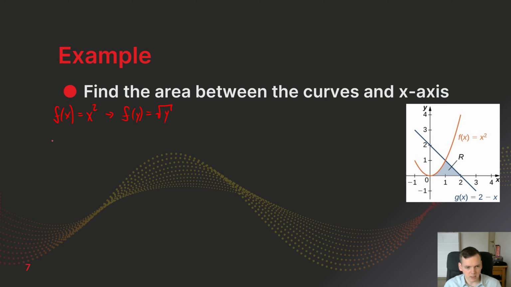That's just because we have y equals x squared, which we can rewrite as x equals square root of y. Technically, it should be plus or minus, but if we look at our graph, we're only taking the positive part. So we're just going to have the plus.